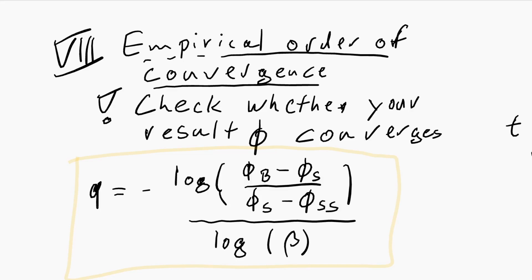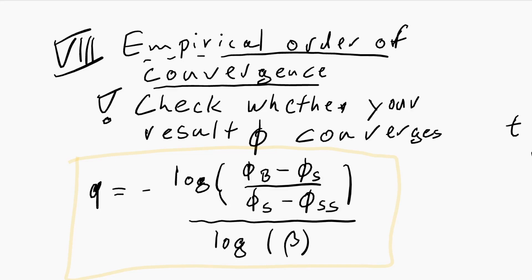For example, the lift value. Say we compute the lift value here. Since we don't know the correct lift value, we don't know our error. But with the empirical convergence order, we can also compute the convergence order without knowing the error.